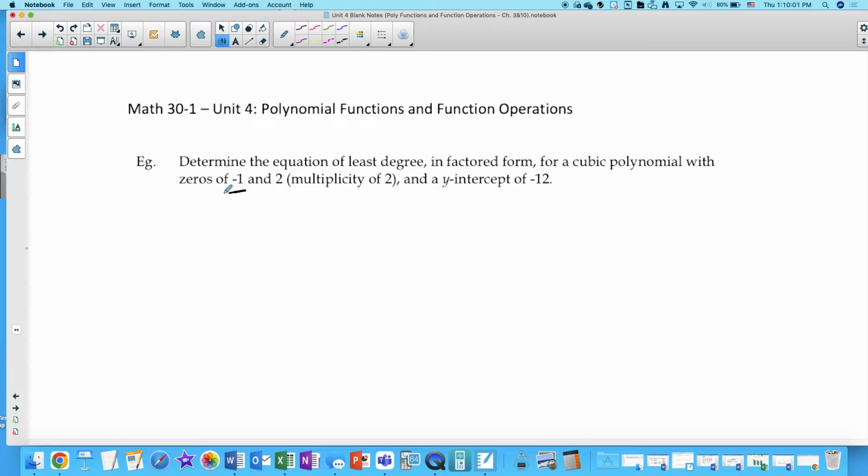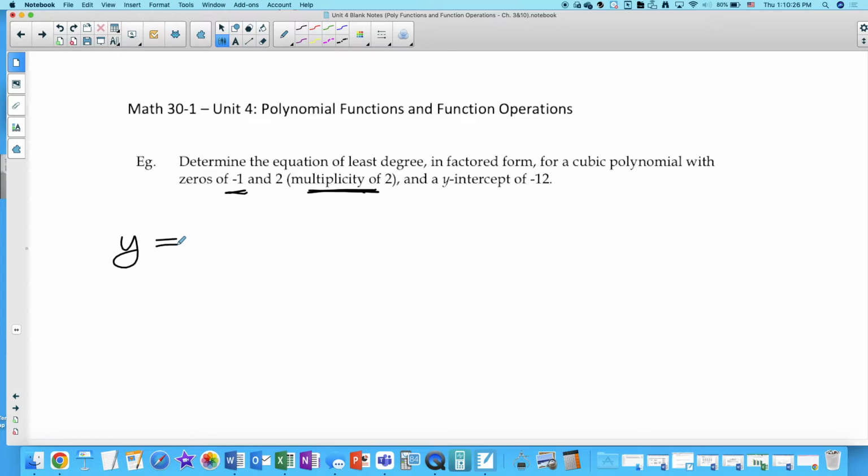Okay. All right, well, let's start with these. If we know about the zeros and the multiplicity of the zeros, we can say something about the factors of the polynomial when it's in factored form. Okay? So from this, what are we going to know about some of the factors? We have a zero of -1, multiplicity of 1.